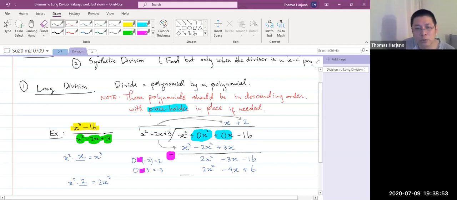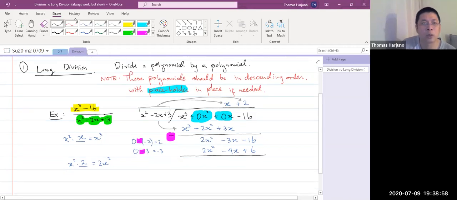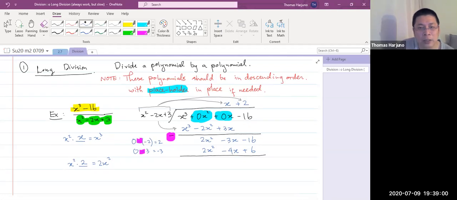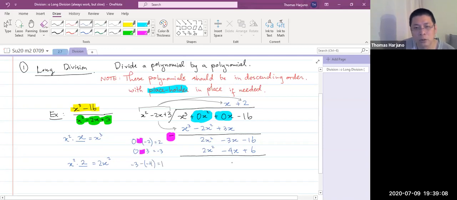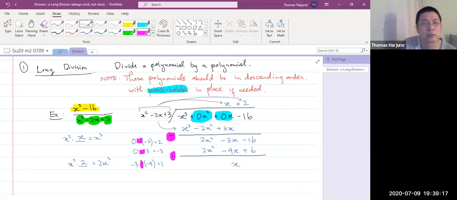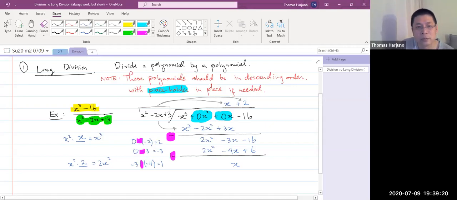When I subtract, of course, we expect the 2x squared to cancel. But what happened with negative 3x and negative 4x? Negative 3 minus negative 4 gives you positive 1, so this will be positive 1x. Don't forget we are subtracting here. And then negative 16 minus 6, that's negative 22.